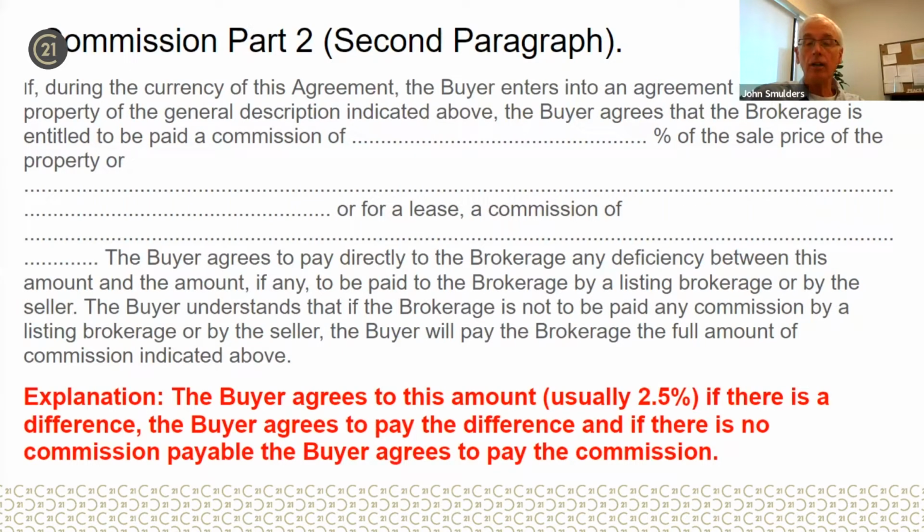It also applies that if they go out and buy a house privately, so they see a private for sale sign, or they find a place on Kijiji or something like that, and they buy a house. Well, you've got your 2.5 here. You are eligible for that 2.5 unless you have not explained this to the buyer. Any questions?